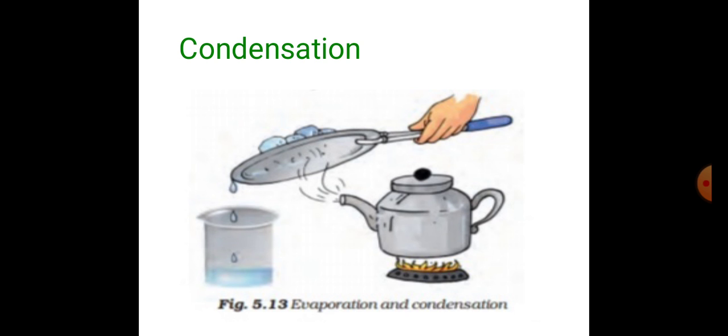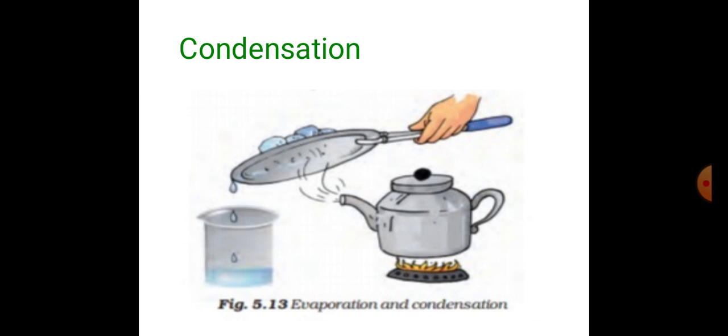We can do an activity to understand the process, and for this activity we have to take some common salt, water, kettle, frying pan, beaker, Bunsen burner, tripod stand, wire gauze and ice cube. Students, first of all we have to dissolve some common salt in water to obtain common salt solution.